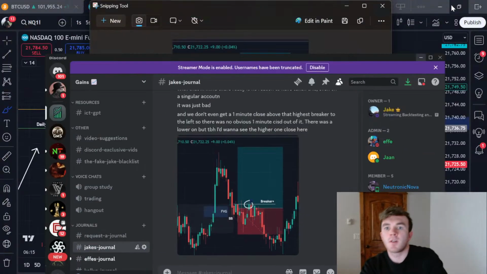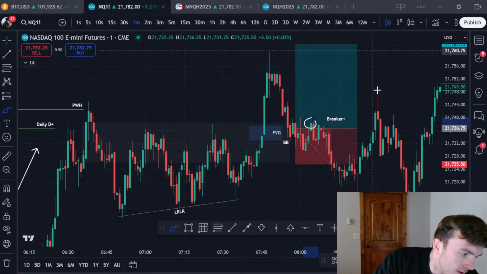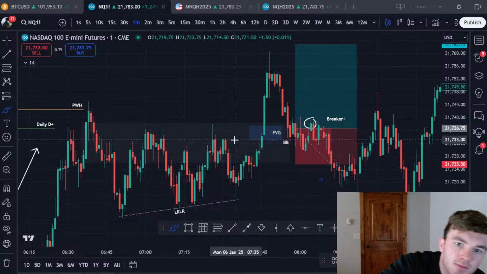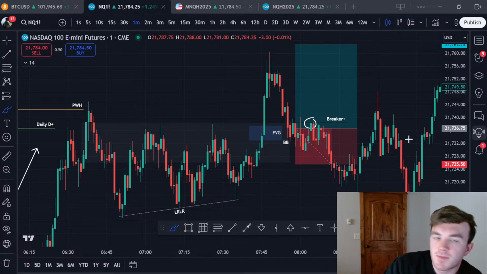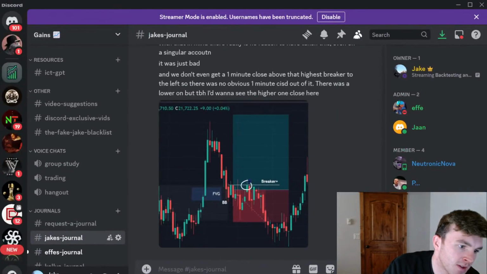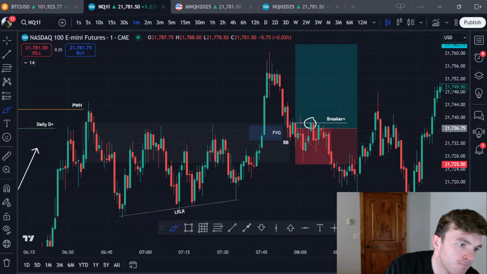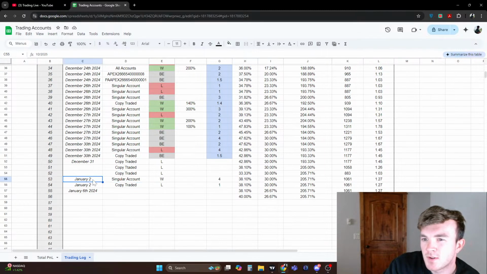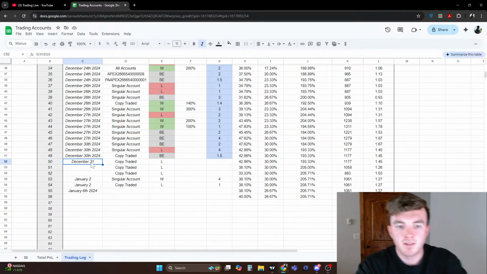Okay, back to what we were looking at before. Let me show you my other screen. We're going to actually mark these trades out in my journal. As seen here, January, I have to mark out the last 3 days.